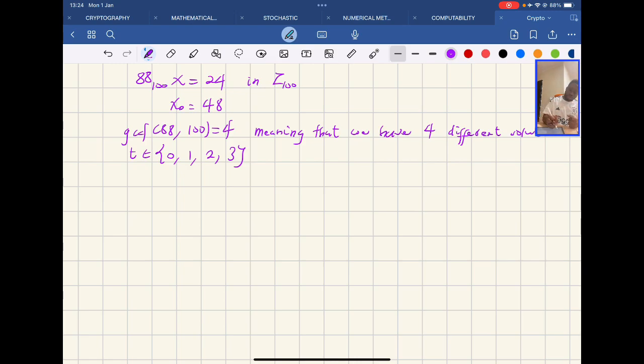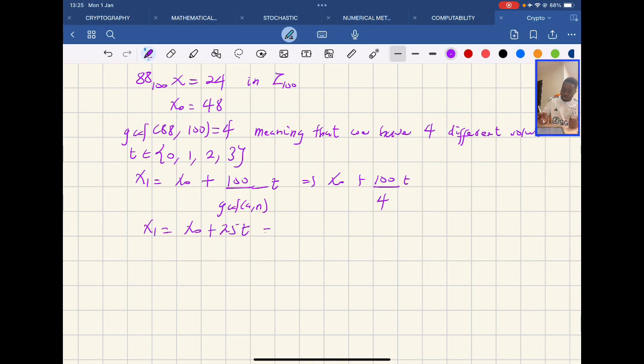Now, x1 will be equal to x naught plus n over the GCD of a and n times t. So this is x naught plus 100 over the GCD, which is 4, times t. So in other words, x1 is equal to x naught plus 25t. You understand? So this is equal to x naught, which is 48, plus 25.